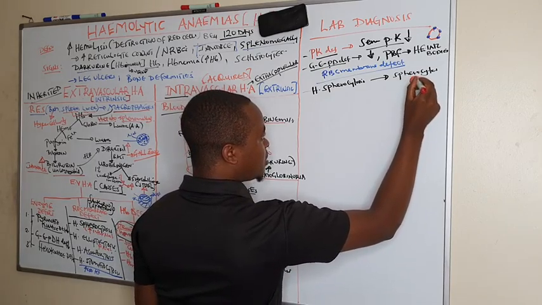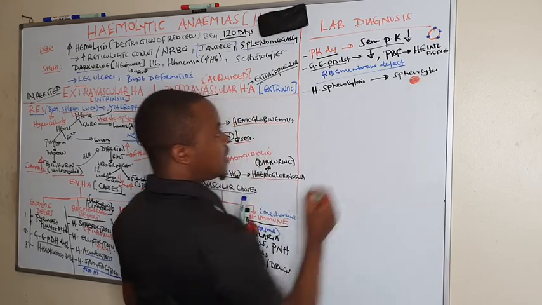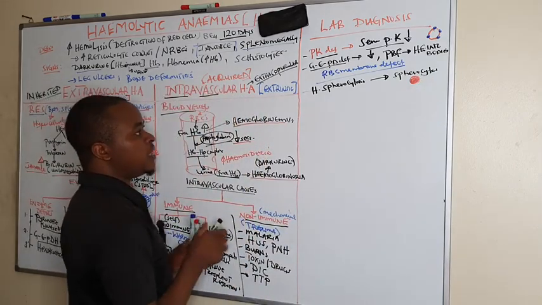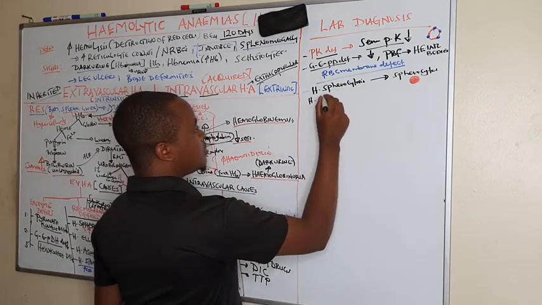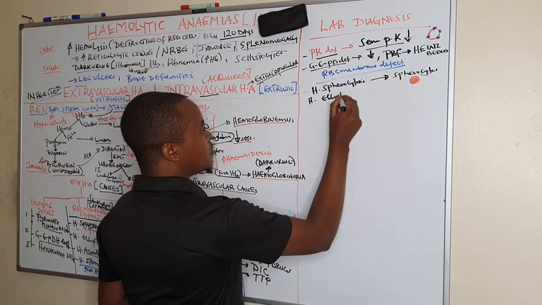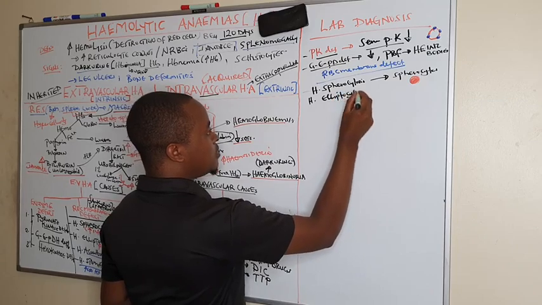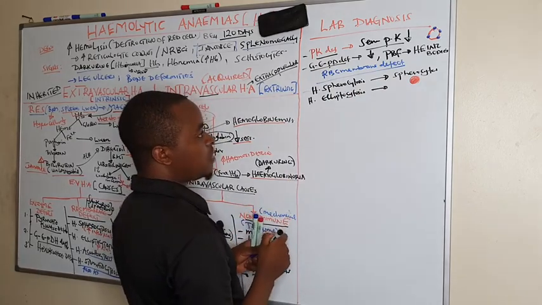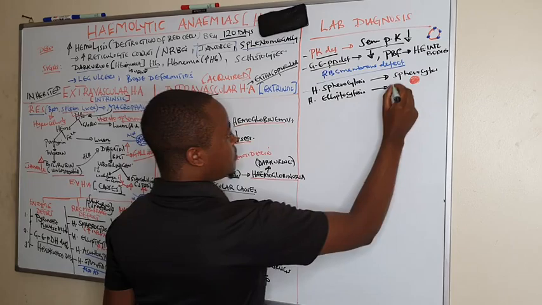They stain pink with no area of central pallor. That is a spherocyte. If the cause is hereditary elliptocytosis, under lab diagnosis under thin film, you shall look for the presence of elliptocytes.